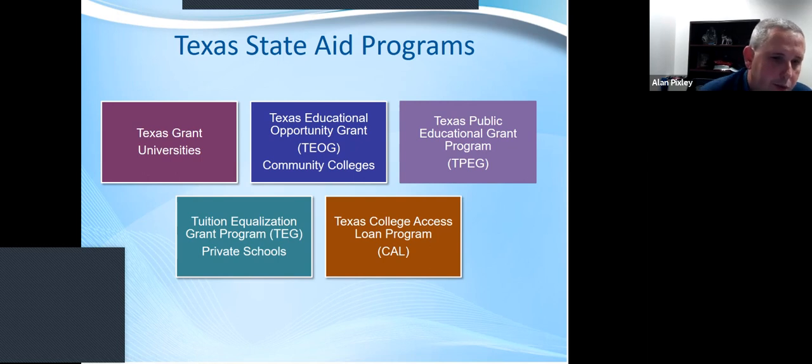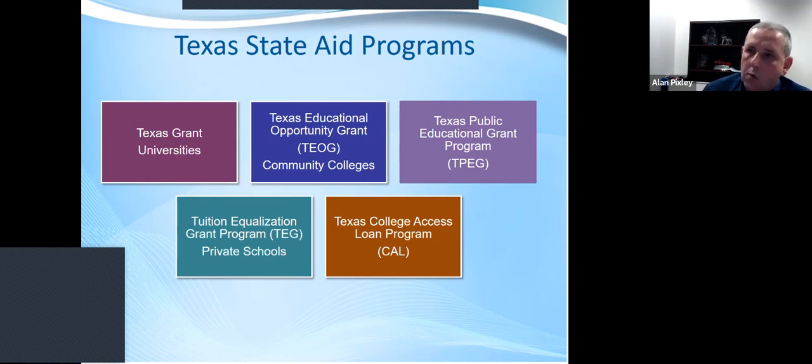If you went to a private school, they may participate in the state's Tuition Equalization Grant program. And then there is also a state loan. There's also a Texas Work-Study program that works exactly the same as our federal work-study program.